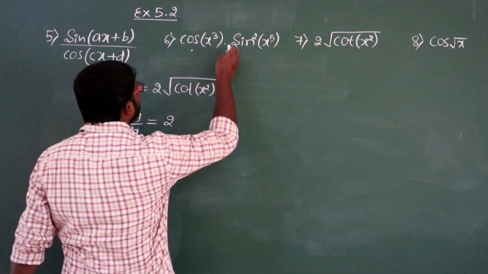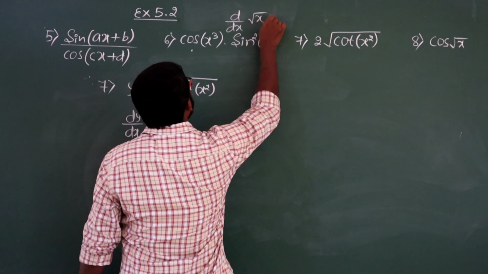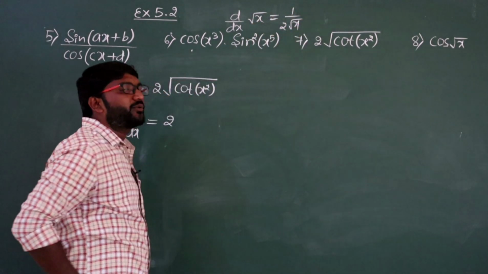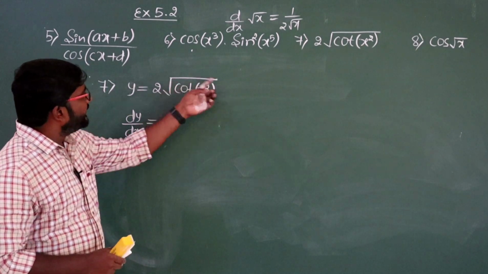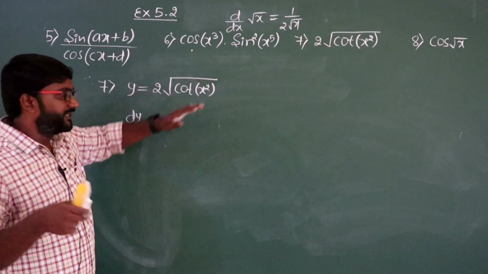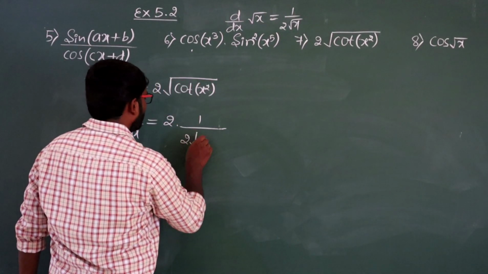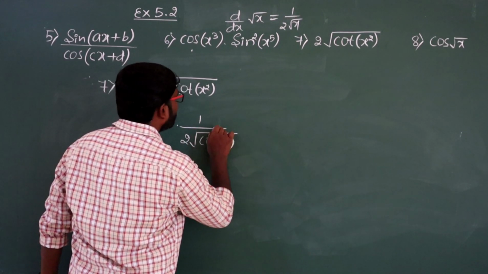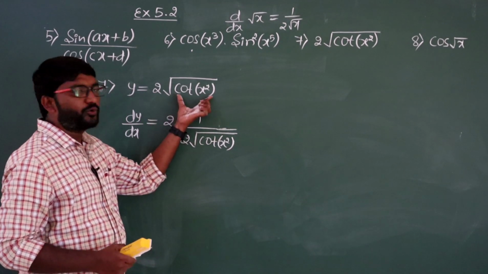In which form is it? Now root x. d by dx of root x will be 1 divided by 2 root x, the standard formula. So here whatever is inside the square root, we must consider as x. So 1 divided by 2 root x, which means cot of x square. The 2 I have written as it is, then this is in the form of root x.